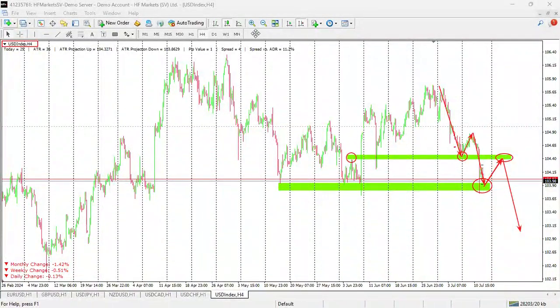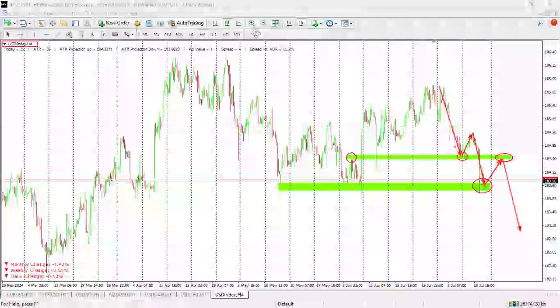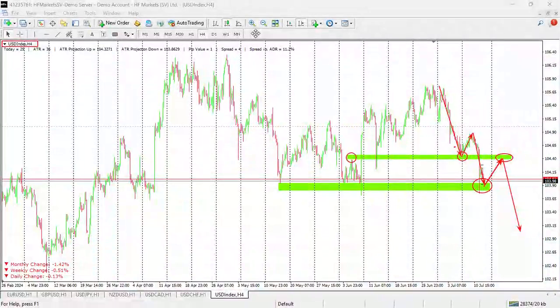It is important. But fundamental analysis has to be the major guide to how you're also going to use technical analysis on this particular USD index to predict the future movement of the dollar.